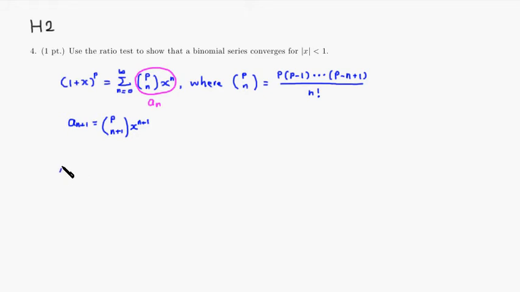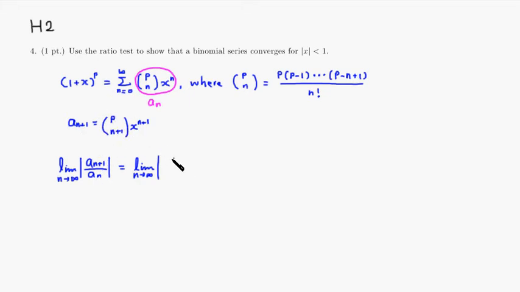Alright, so for the ratio test we're going to take the limit of the absolute value of a_(n+1) over a_n as n approaches infinity. Let's write a_(n+1).